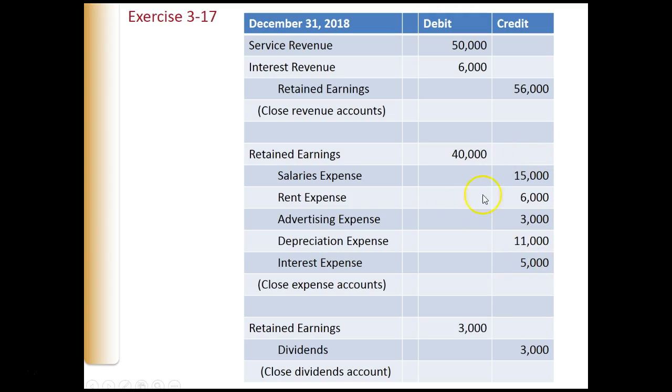We zero them all out and prepare the corresponding debit to retained earnings. Remember, expenses and dividends reduce our stockholders' equity, which basically flows retained earnings into stockholders' equity.